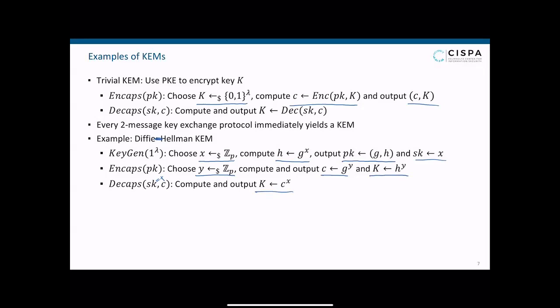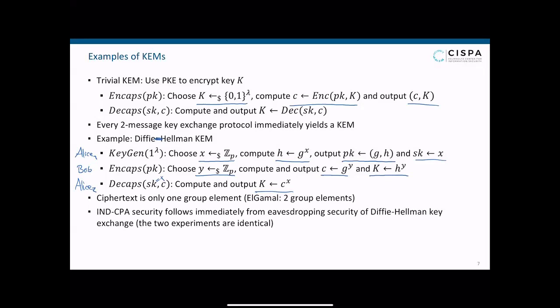Dramatic break. Someone writes it in the chat, this is exactly the Diffie-Hellman key exchange. So this was the Alice-1 algorithm, this was the Bob algorithm, and this was Alice-2. This is precisely Diffie-Hellman key exchange. And again, as already observed, the ciphertext is only one group element as opposed to ElGamal, where the ciphertext consists of two group elements.